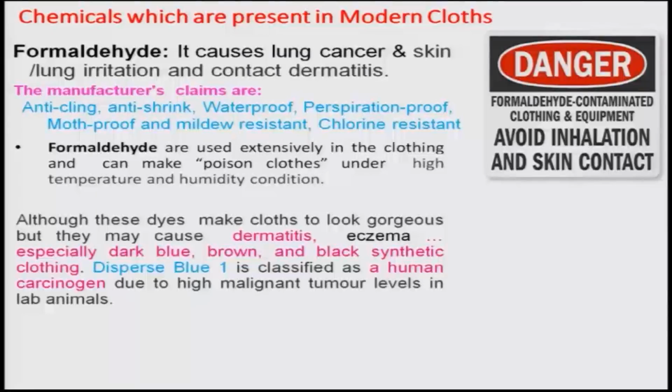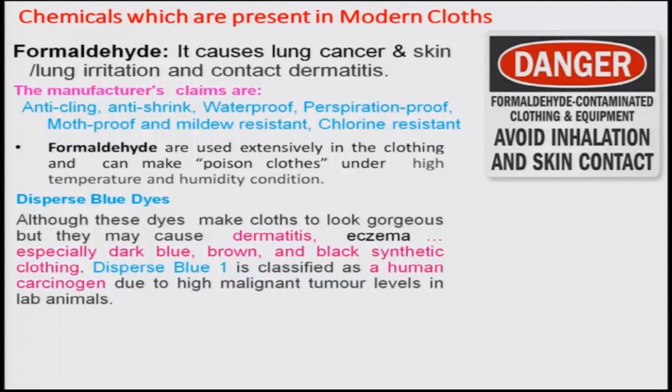So, therefore, it is dangerous to have modern cloths using formaldehyde and other chemicals. Although these dyes make cloth look gorgeous, they may cause dermatitis, eczema and other skin diseases, especially the dark blue and brown or black synthetic clothings.